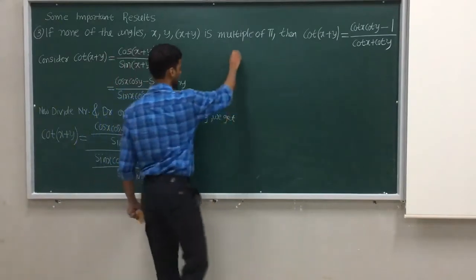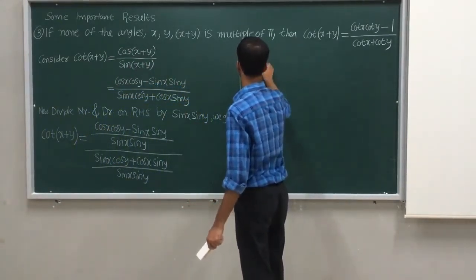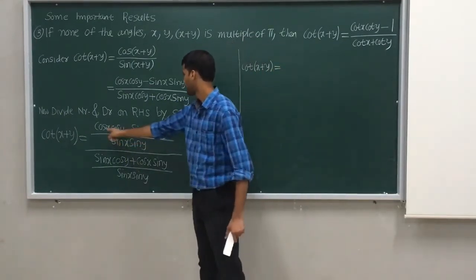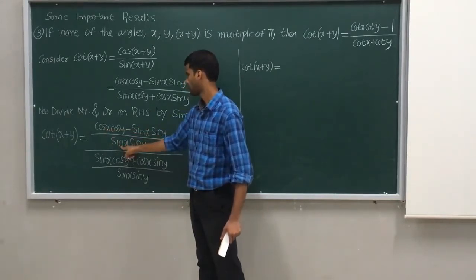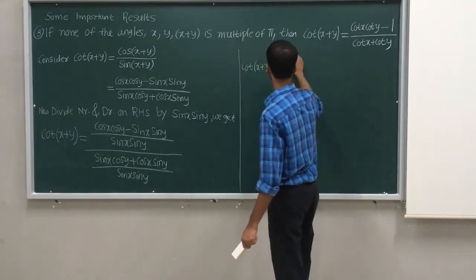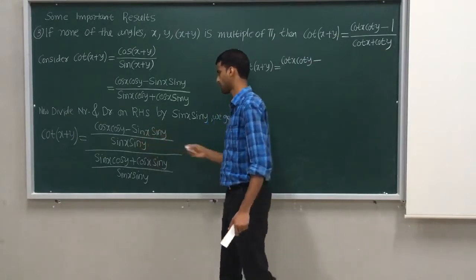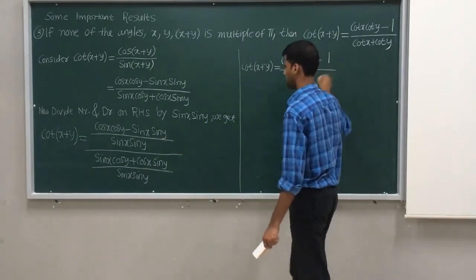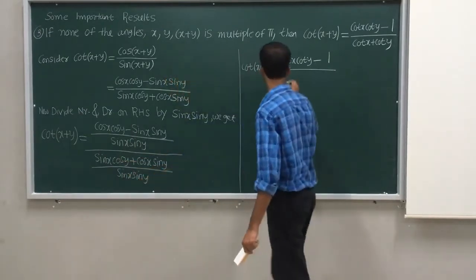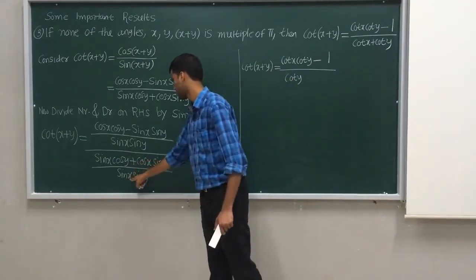In the next step, cot of x plus y is equal to, let's write some steps directly. Cos x by sin x is cot x, cos y by sin y is cot y. It is nothing but cot x cot y minus, both terms are the same and they will cancel, 1 upon sin x by sin x cancels, therefore cos y by sin y is cot y, plus cos x by sin x is cot x.